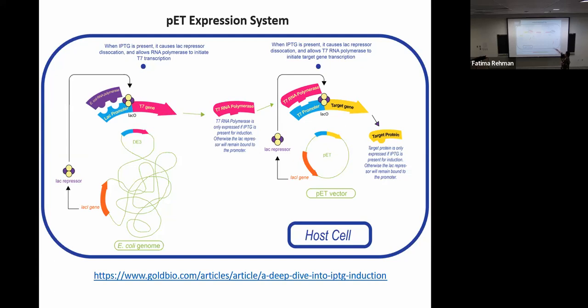So you can have a T7 promoter instead of the lac promoter, and you can put that under the same control using the same kind of sequences. So when IPTG is present, it would induce the expression of that particular target gene, just like when lactose is present, it activates the gene of interest. So this is one of the ways that we utilize this in research.